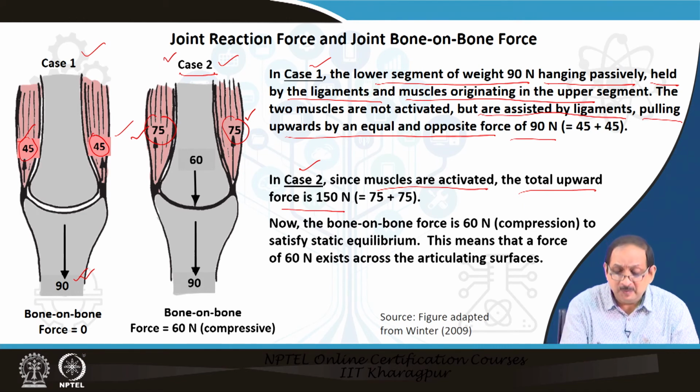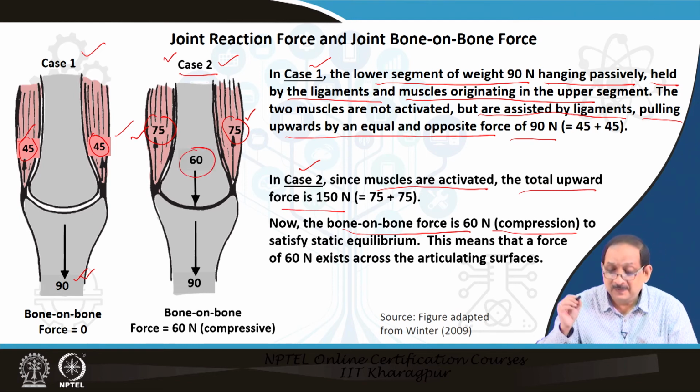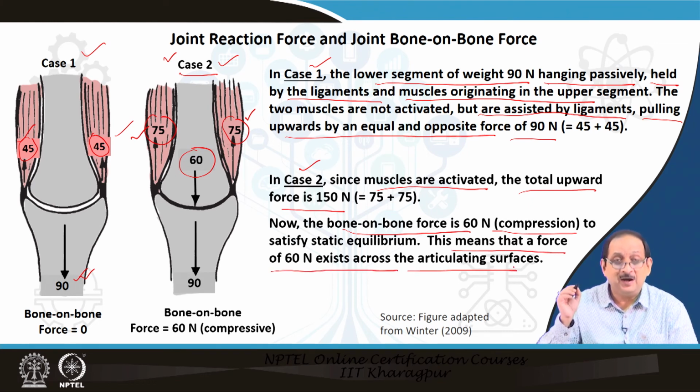Now, the bone-on-bone force is 60 Newton compression to satisfy the equilibrium condition. This means that a force of 60 Newton exists across the articulating surface when the muscles are activated, as indicated in the figure.